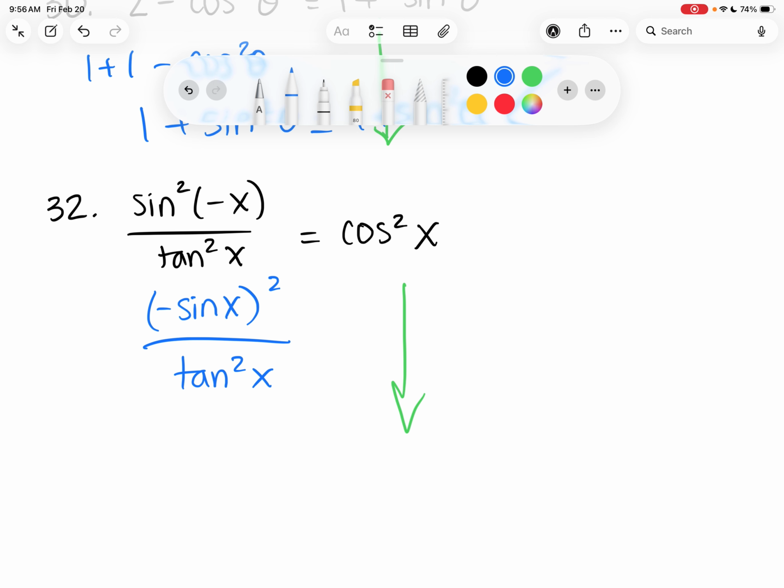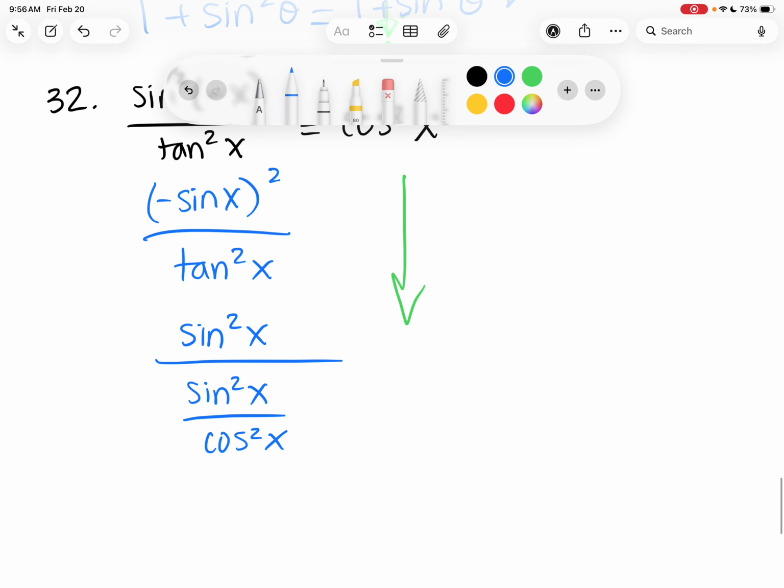It becomes positive, so I have sine squared of x over, and I can rewrite tangent squared as sine squared over cosine squared. Keep, change, flip, and I get what? Cosine squared. Cosine squared of x equals cosine squared of x. And I'm done. Seems crazy.